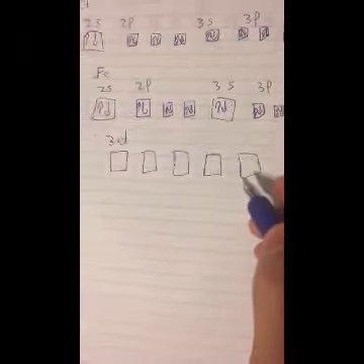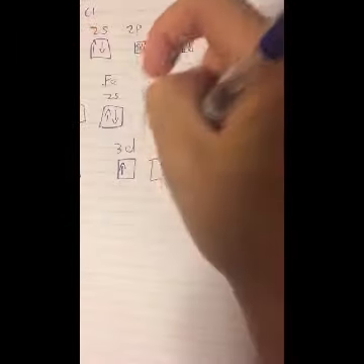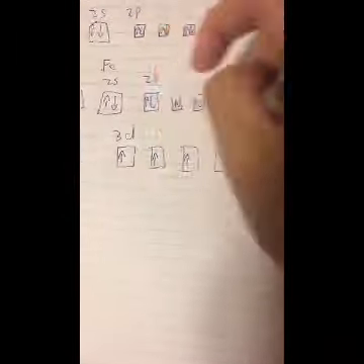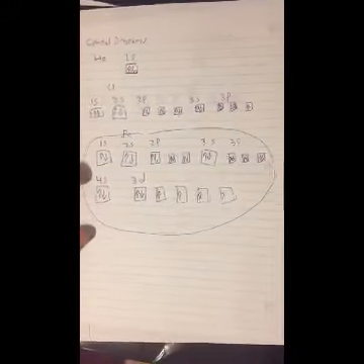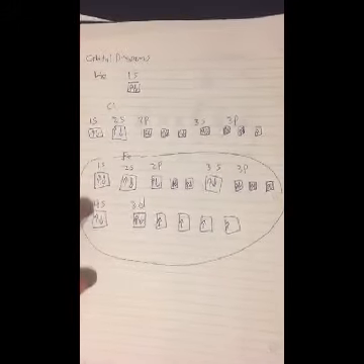So since iron is 1, 2, 3, 4, 5, 6, each one first gets an electron, 1, 2, 3, 4, 5, and then we go back to the first one, 6. So this right here is the orbital diagram for iron.